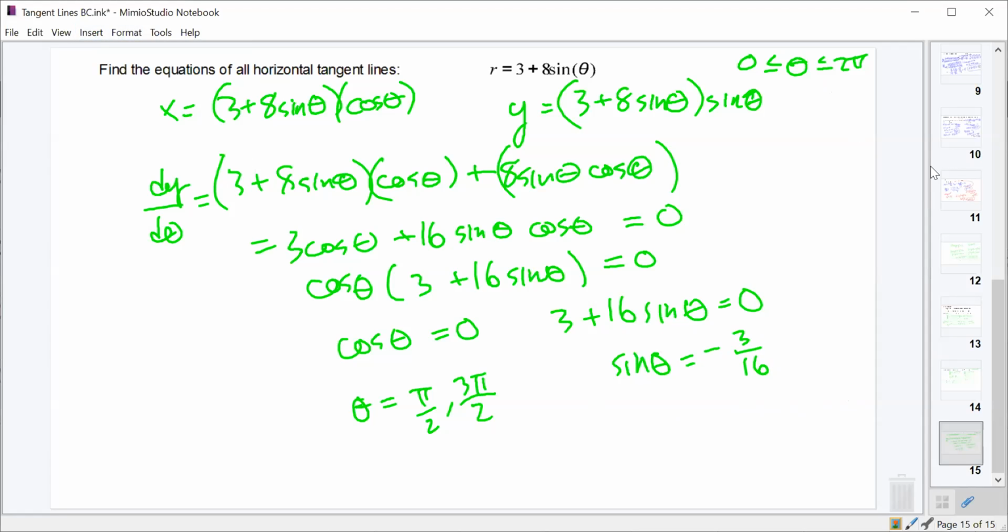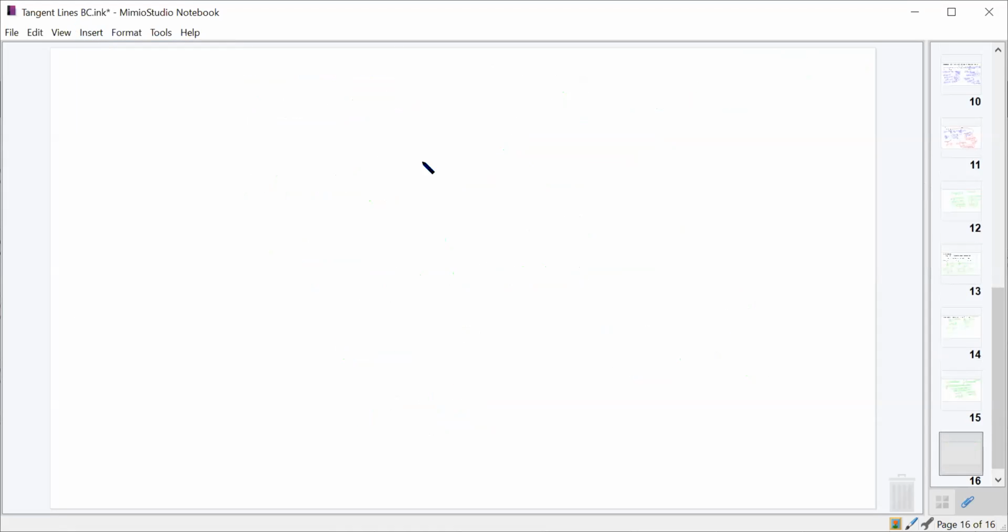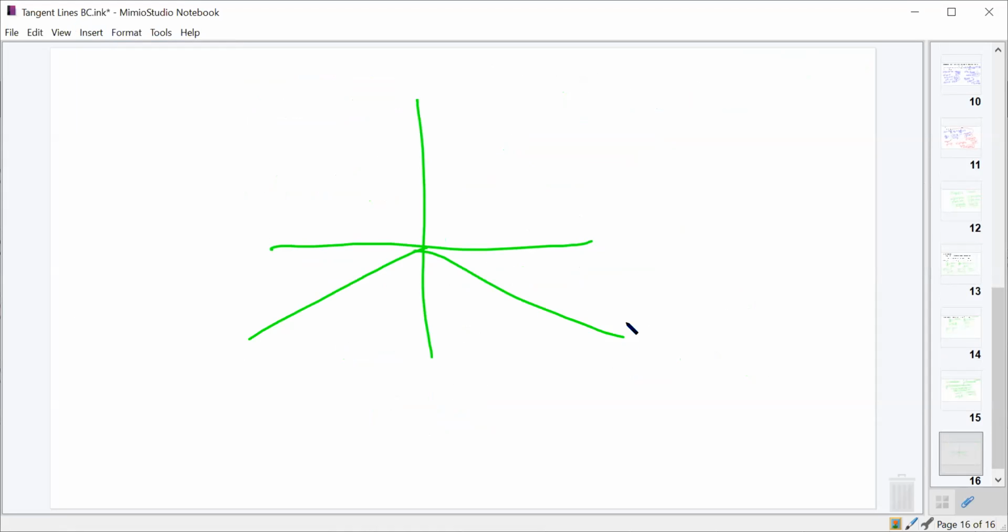Should be in the third and fourth quadrants. Yep. Okay. So let's just quickly draw a little picture here. I'm going to have an angle somewhere in here and an angle somewhere in here.